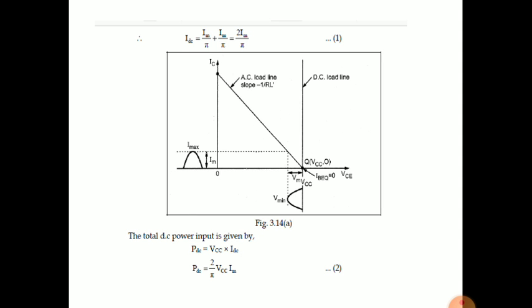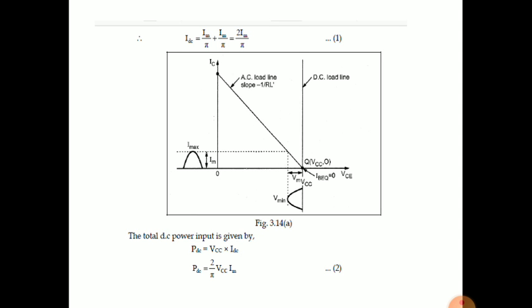There is no ICQ because DC current is 0. DC collector current is 0. So the point Q is at VCC comma 0 itself.